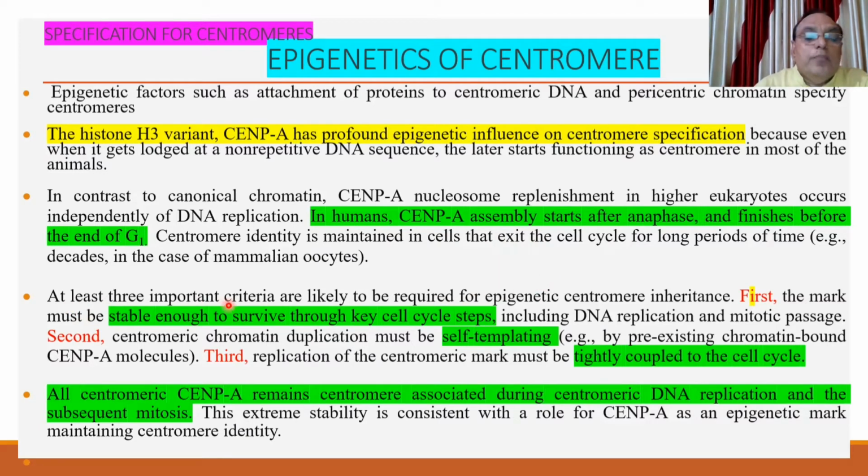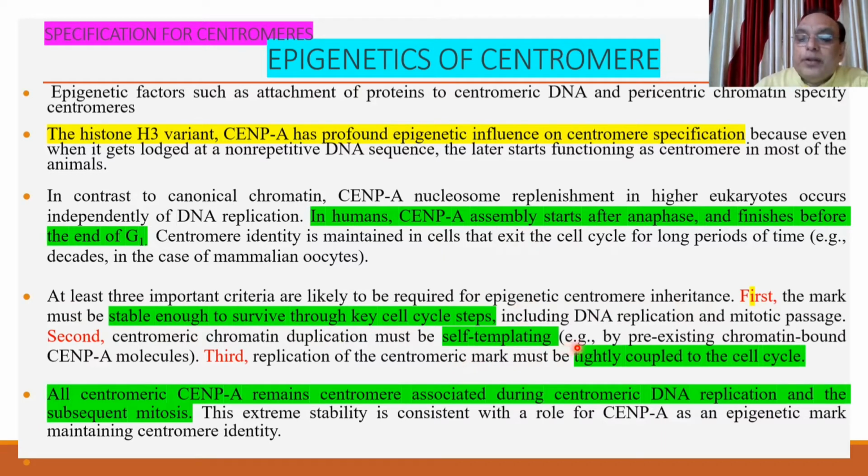So at least three important criteria are likely to be required for epigenetic centromere inheritance. First, the mark must be stable enough to survive through the key cell cycle steps. So it should not get detached from that particular chromosomal region, the particular stretch of DNA, during the cell cycle. Centromeric protein A does not get detached.